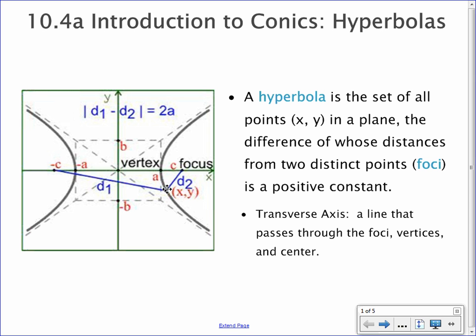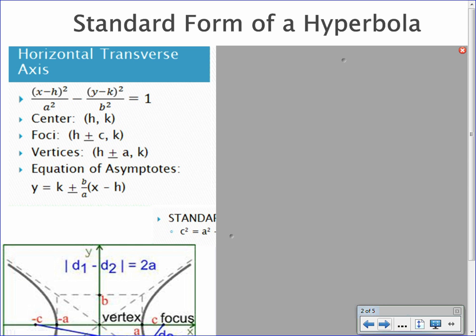Both are squared and if they're on the same side, they're both positive. They're added together. When we talk about a hyperbola, we're going to have two squared terms. However, we are going to have subtraction.